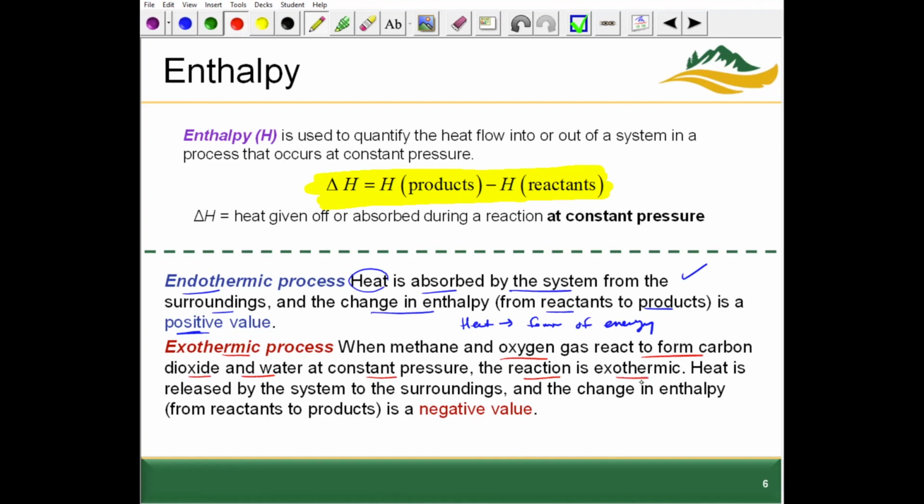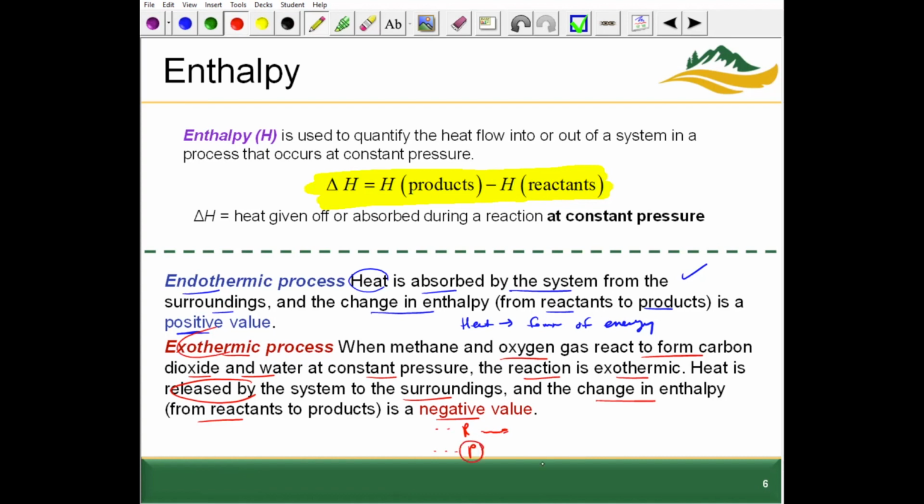The reaction is exothermic. Heat is released by the system to the surroundings. Therefore, the change in enthalpy from reactants to products is a negative value. The reactants are at a higher energy or enthalpy than the products because heat is released throughout an exothermic reaction.